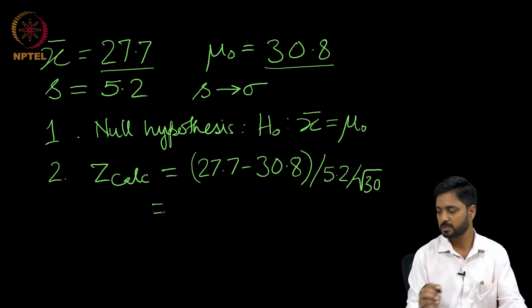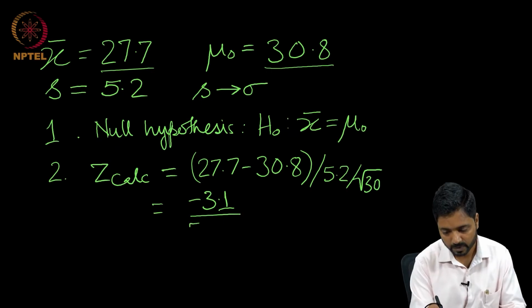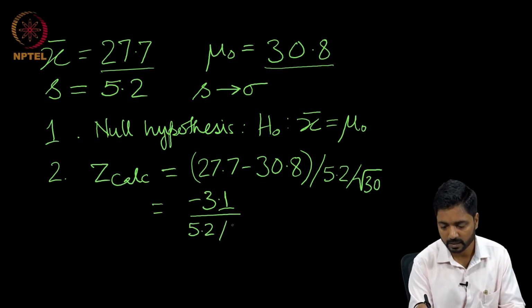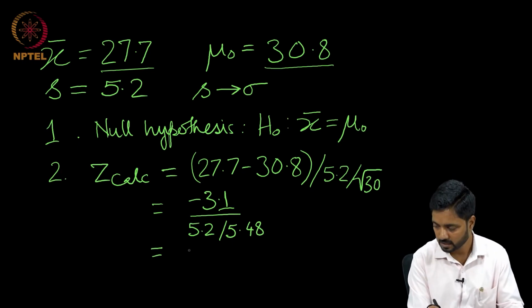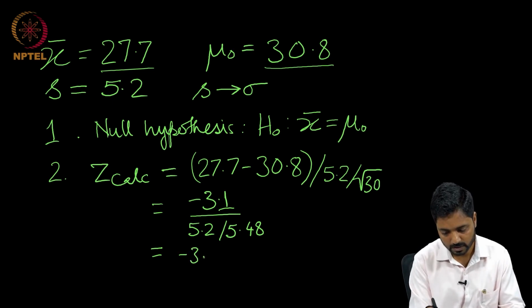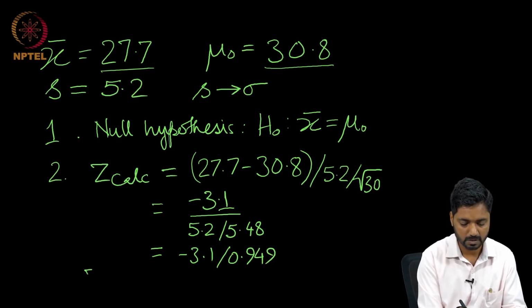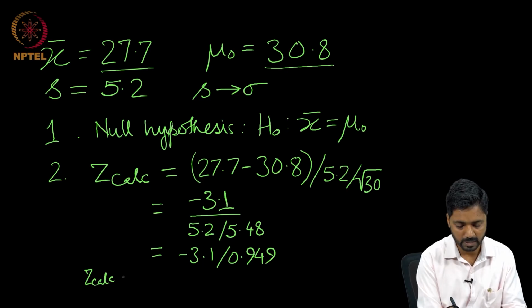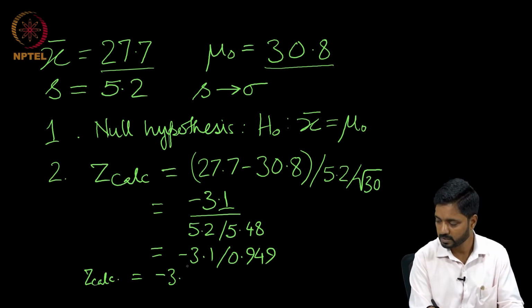Now, this comes out to be minus 3.1 divided by 5.2 by 5.48, or finally this turns out to be minus 3.1 by 0.949. In other words, the final z calculated value turns out to be minus 3.26.